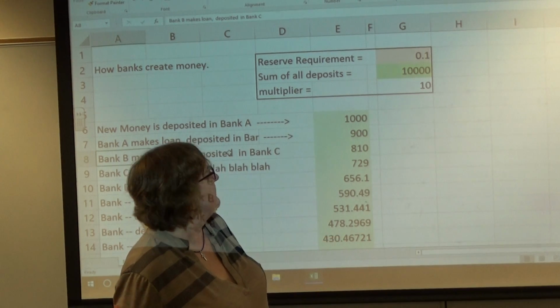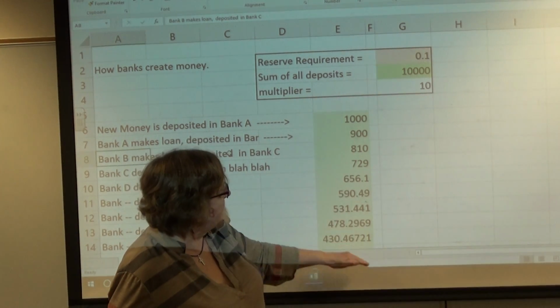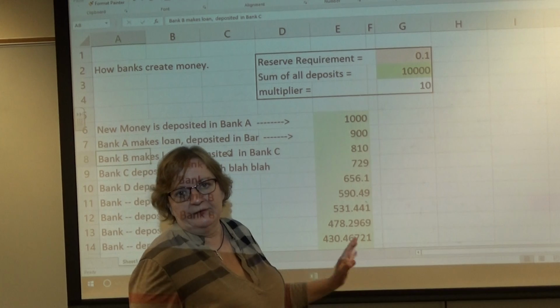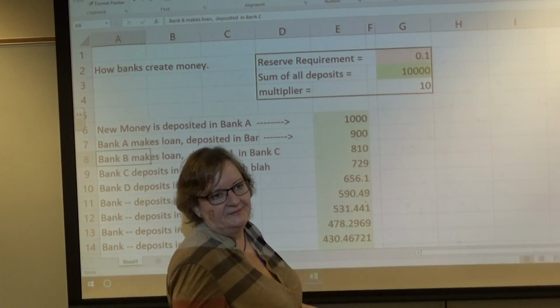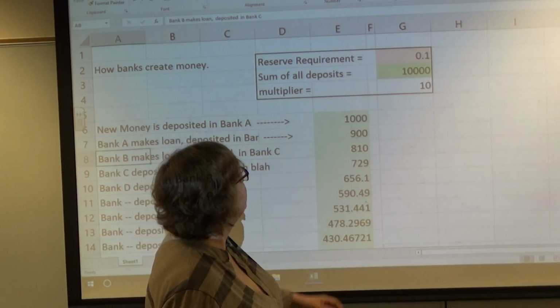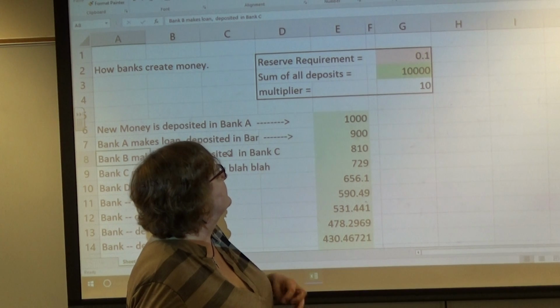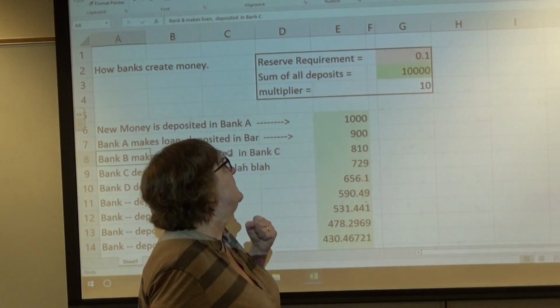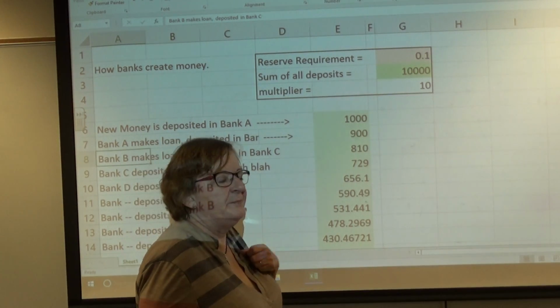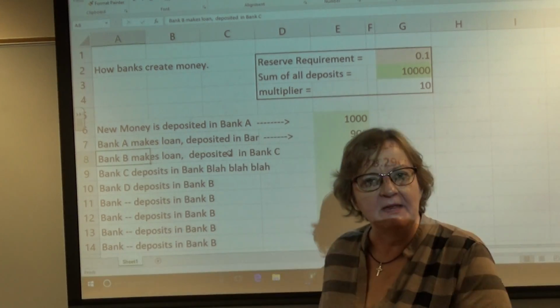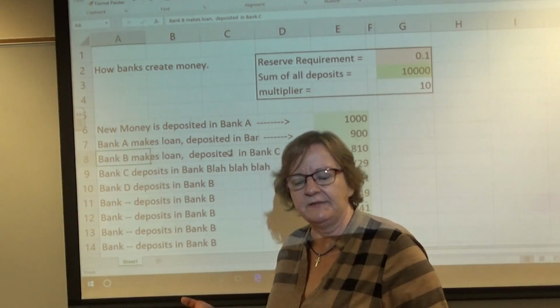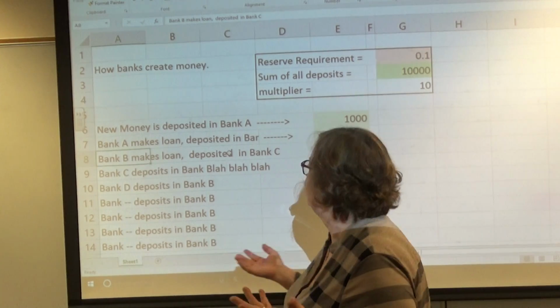So eventually, they're going to run out of money. It's going to get down to a penny or something, or to where you can't loan it out. So we have this rough approximation of what will happen if banks are freely making loans to acceptable clients, customers.